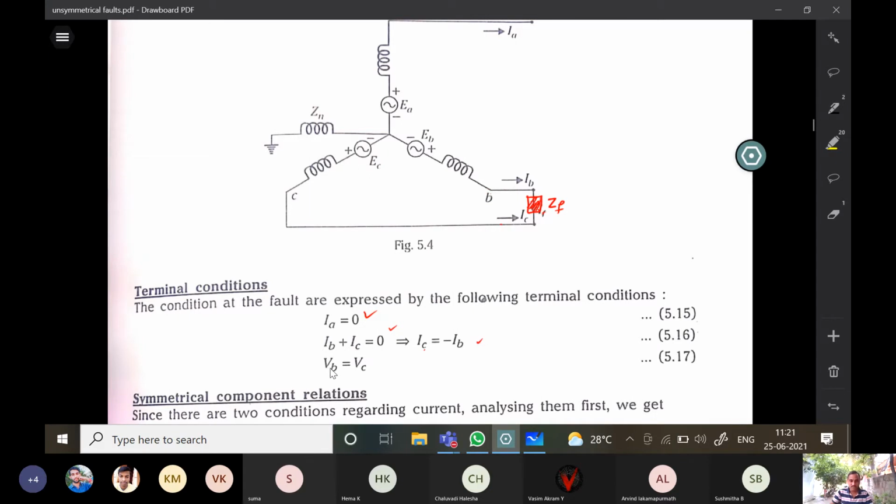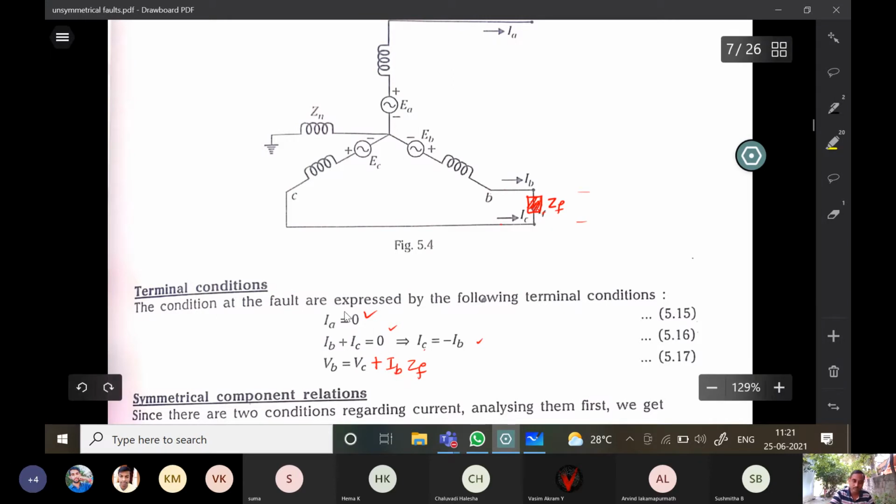In the previous case VB is equal to VC, but in this case VB is VC plus the voltage drop across ZF. Current IB is flowing, so VB is VC plus IB into ZF. That is the modification here.